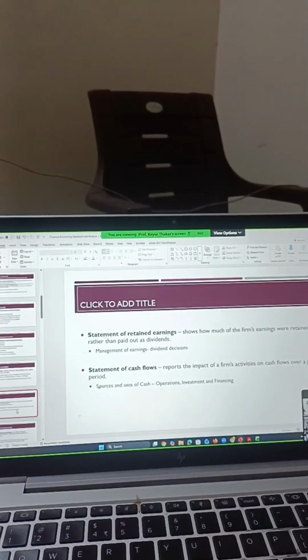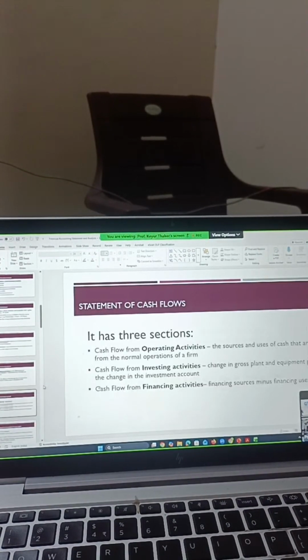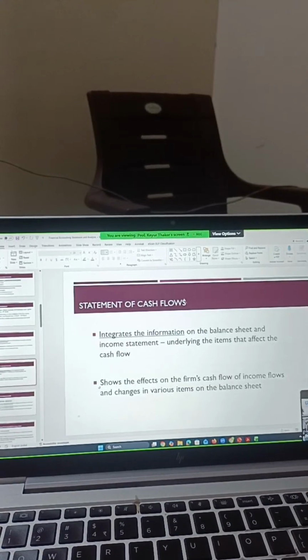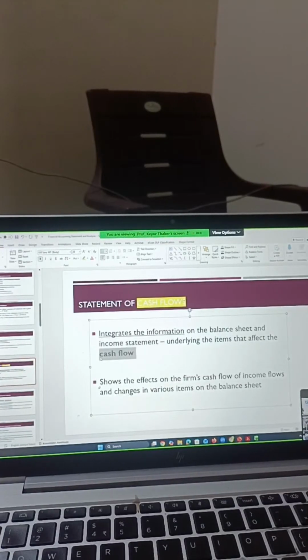And then there is also a cash flow statement. What is a cash flow statement? It is an interesting statement that integrates information from the balance sheet and income statement, underlying the items that affect the cash flows. For example, one company booked a profit of 400 crore, but had 1600 crore in receivables.